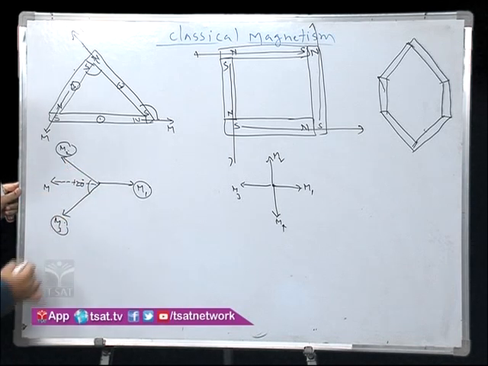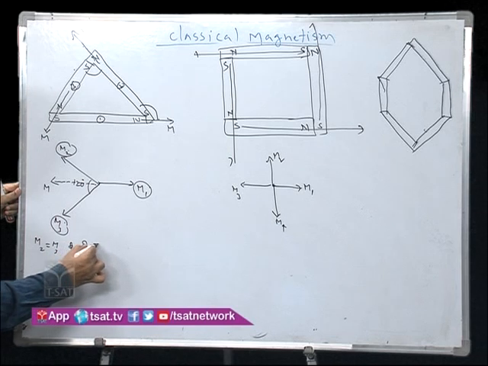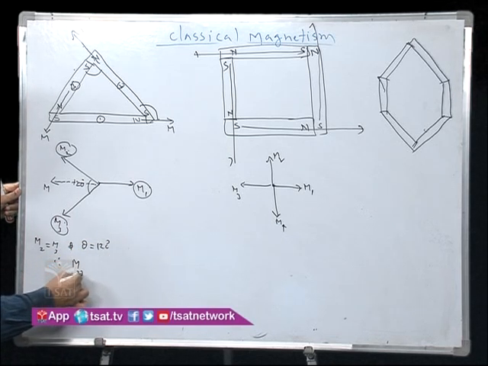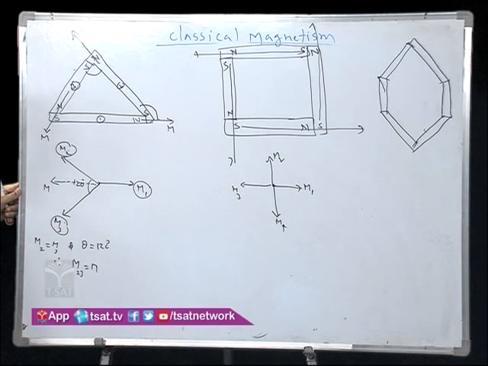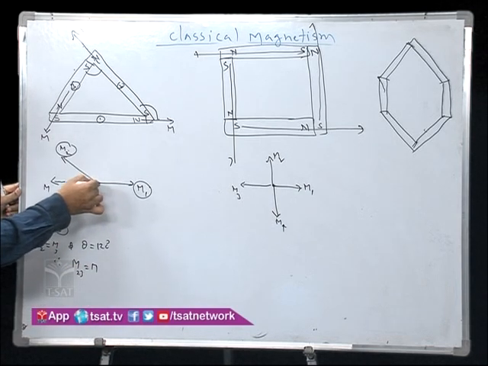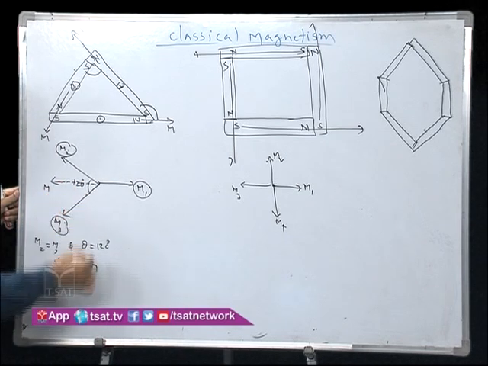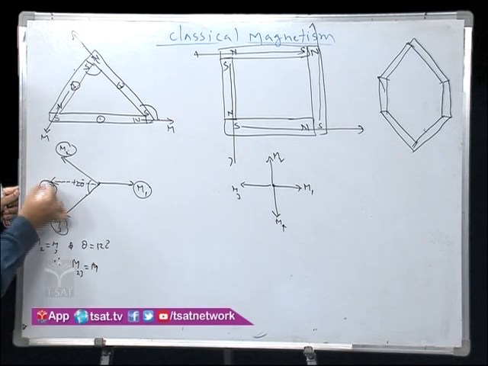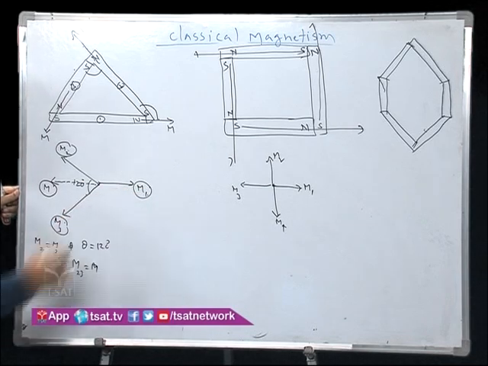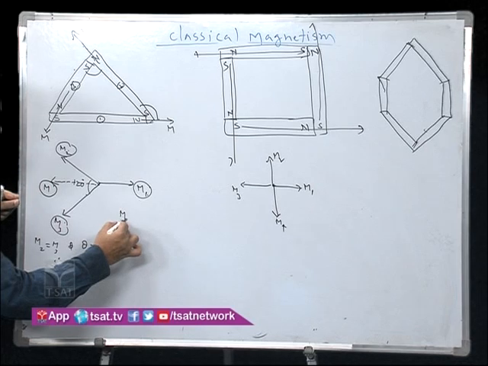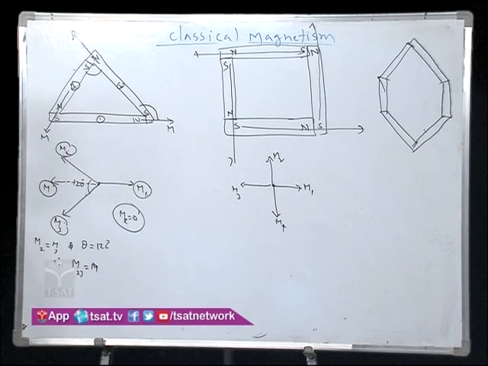You know that equal vectors, that is m2 is equal to m3 and theta is equal to 120 degrees. Therefore, the resultant of the second one and third one is m. Then what about the direction? Exactly bisect. Bisect means 60 degrees with one. So from this point, the magnetic moment m and m1 is also m. These two are in opposite direction. Here the resultant magnetic moment is equal to 0.